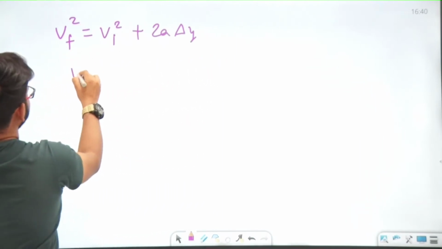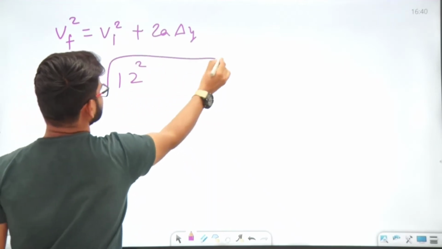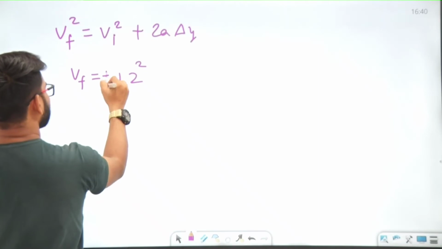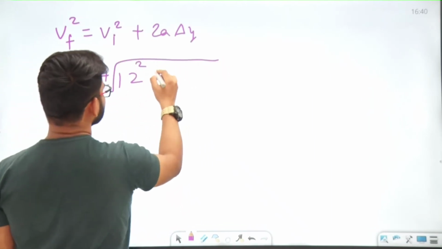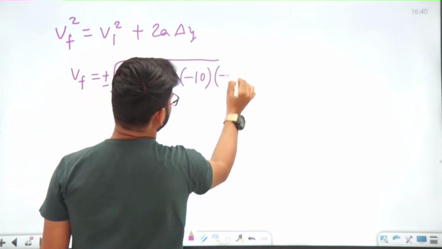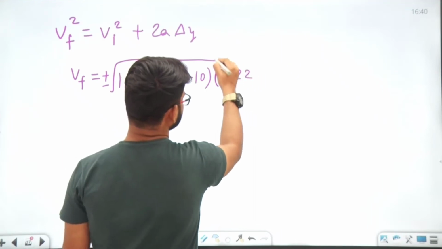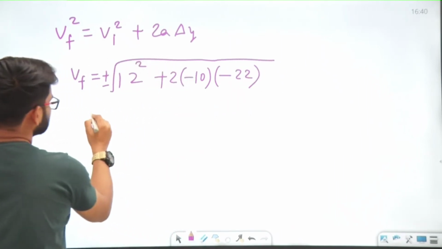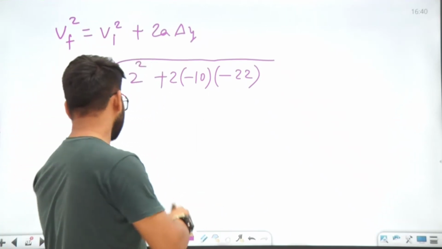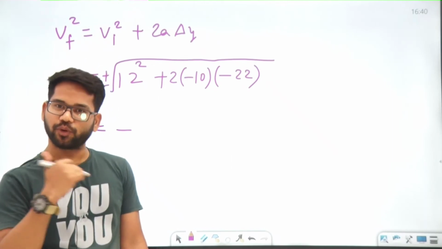So students, Vf will be the square root of Vi square, that means 12 square, and obviously it will be plus or minus, so we are going to write plus minus the square root of 12 square plus 2 into minus 10 into, what is this, minus 22, right? So we know velocity will be in downward direction, so it will be negative because we are taking upward direction as positive.